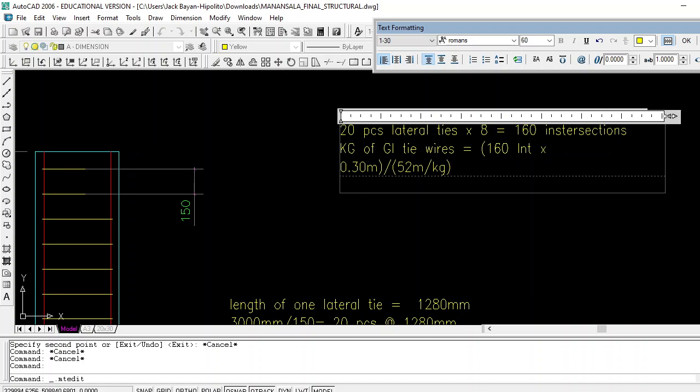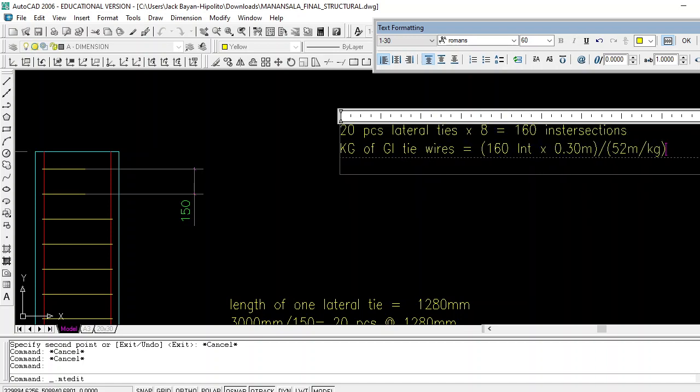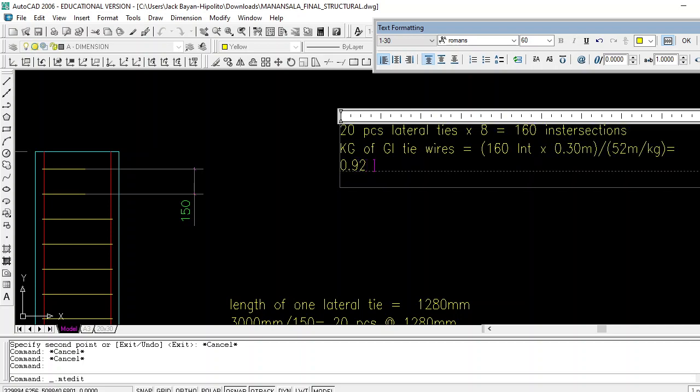Okay, so 52 meters of GI tie wire will be equal to 1 kilogram. So what does it mean? If you do that, you will automatically get a value in kilogram. Okay? So that is 160 multiplied by 0.3 divided by 52. You need 0.92 kilogram. So, syempre, mahirap pa yung ganon.